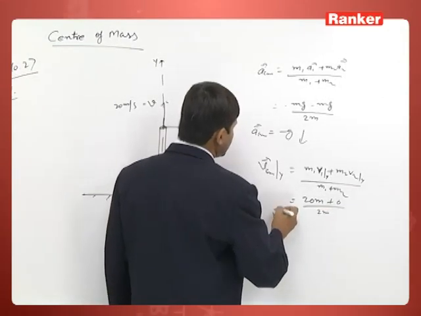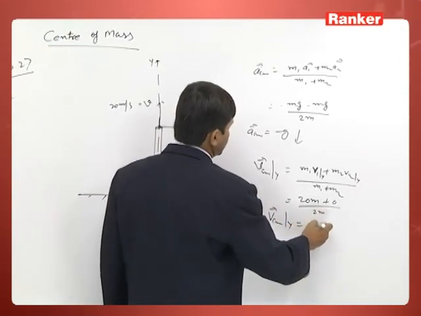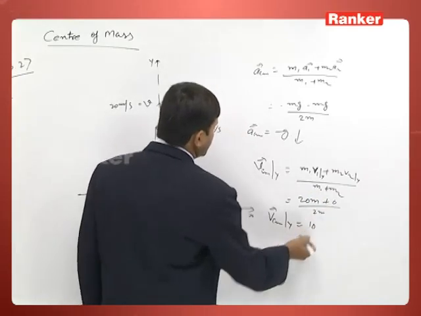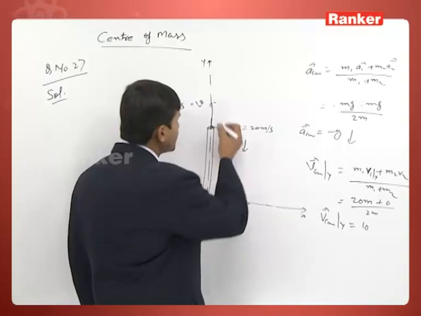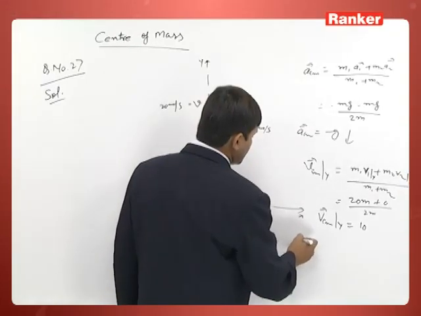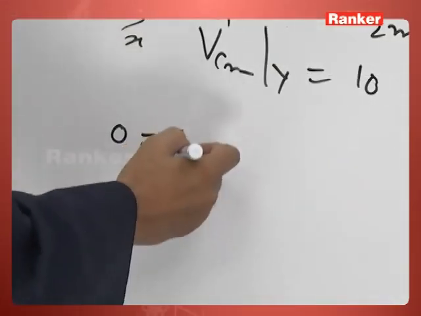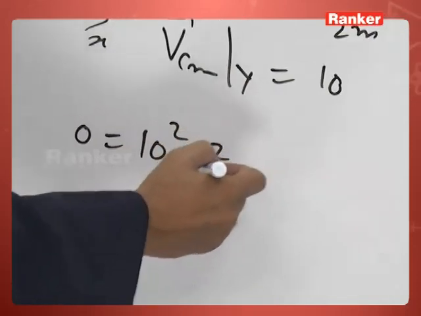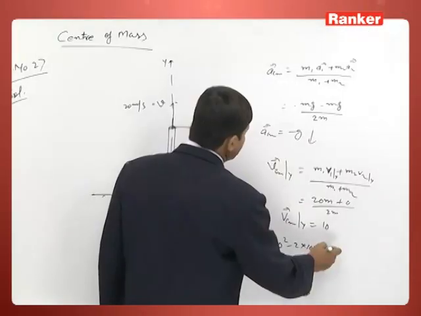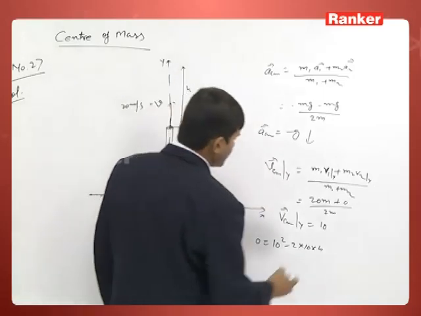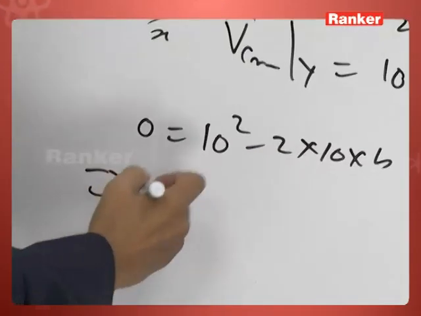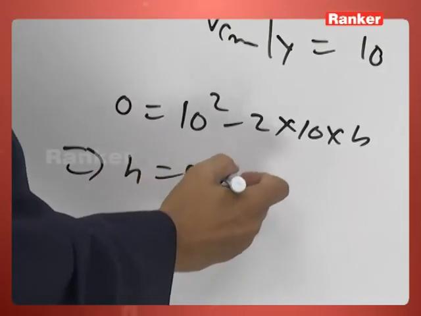So V_CM in the y direction is 10. Now it is going under gravity g. So for the further distance traveled, v square final is 0, so 0 equals 10 square minus 2 g h. Here h is the further height raised by the center of mass. So h will be 5 meter.